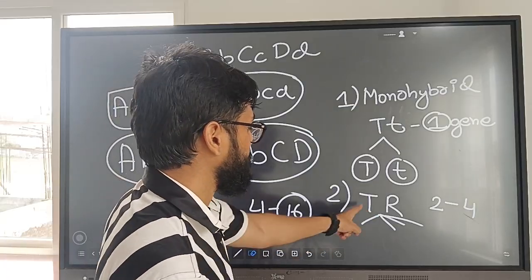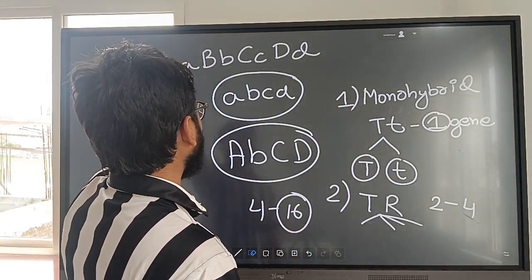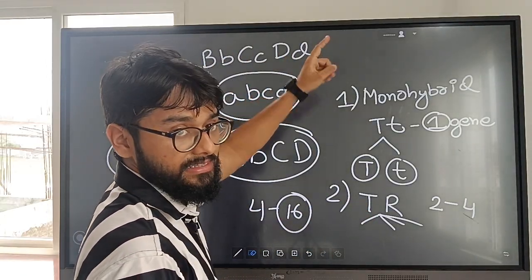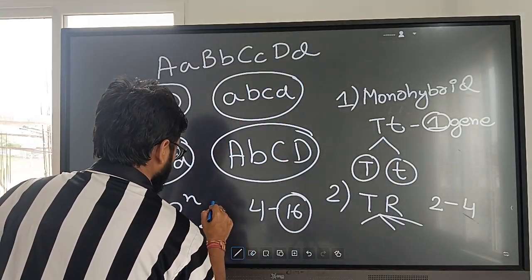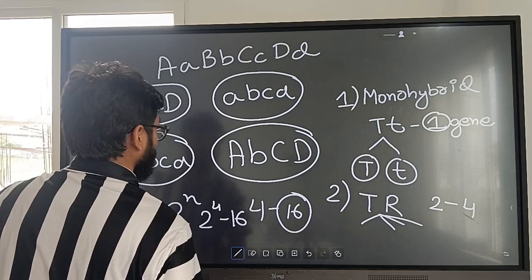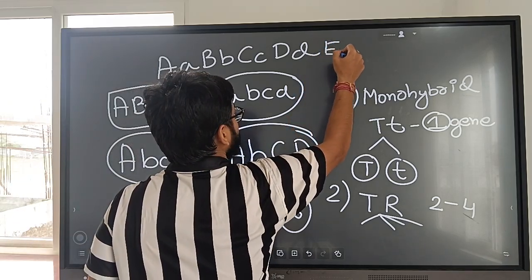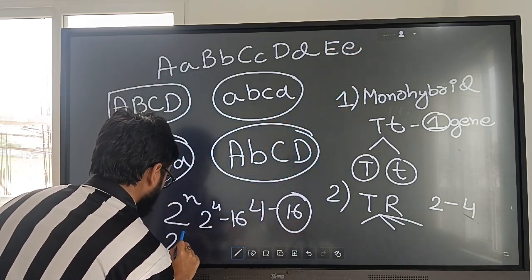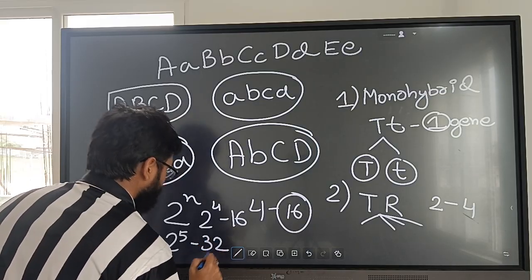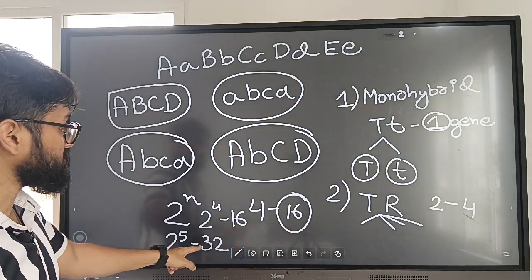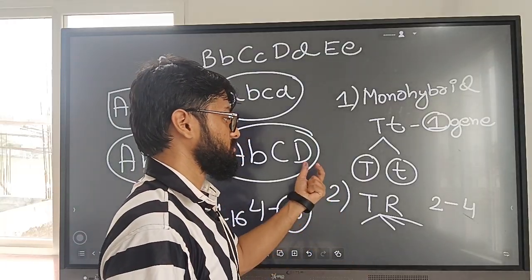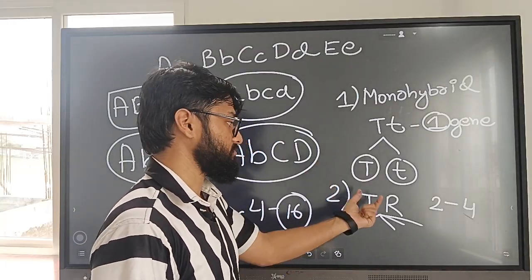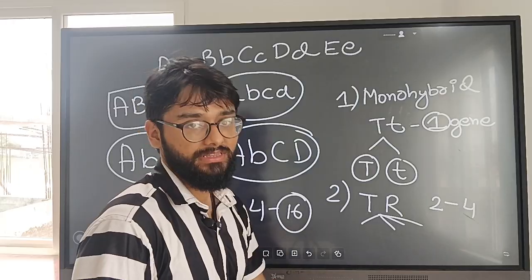If you have TR, suppose in this case we have A, B, C and D. These are four types, so we will simply write it as 2 to the power 4, which is 16. If you add another, then you will get 2 to the power 5, which is 32. This is the number of possible combinations or number of possible gametes that you can have from all this.